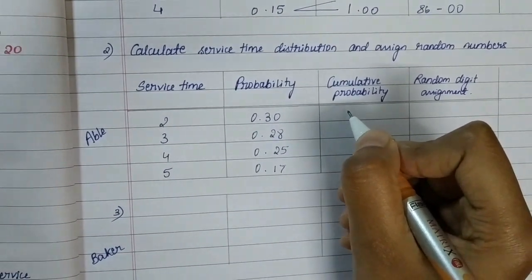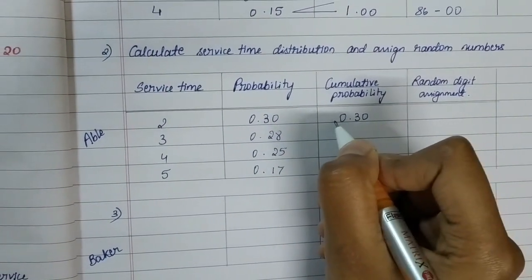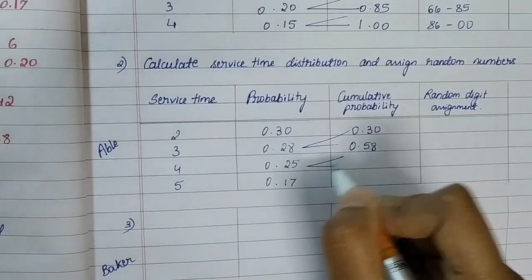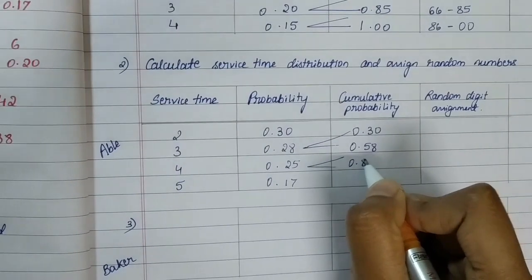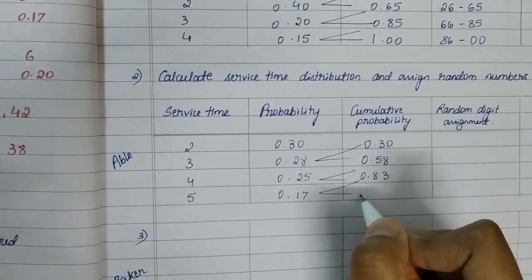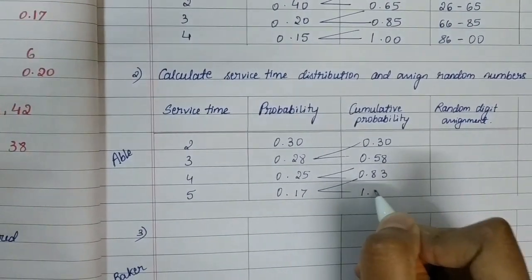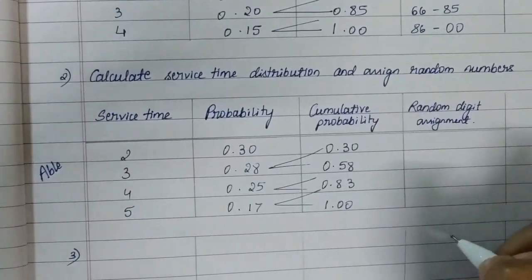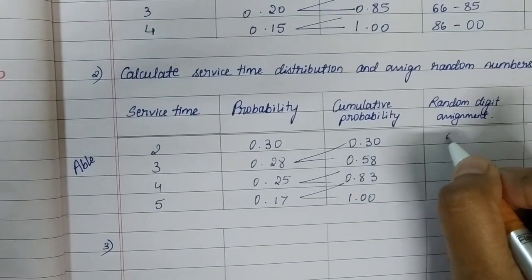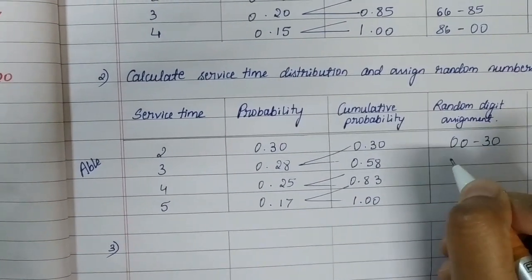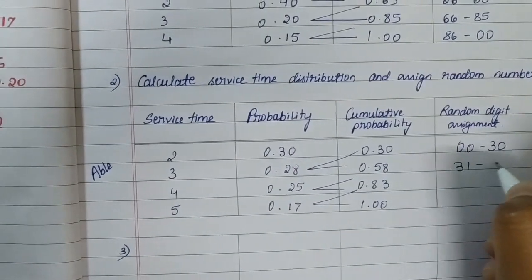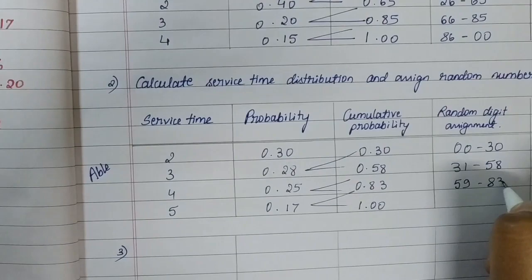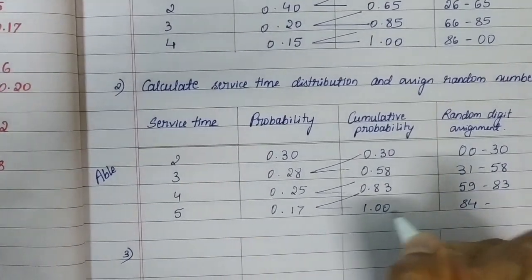Cumulative probability goes like this: 0.30 plus 0.28, 0.58, plus 0.25, 0.83, this plus this 1.00. Now by looking at the cumulative probability values, we can assign a range: 0 to 30, 31 to 58, 59 to 83, 84 to 0.